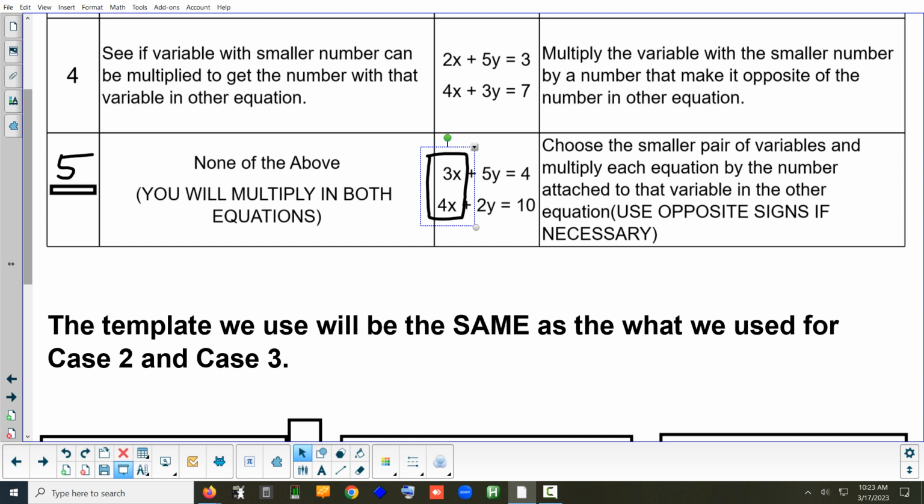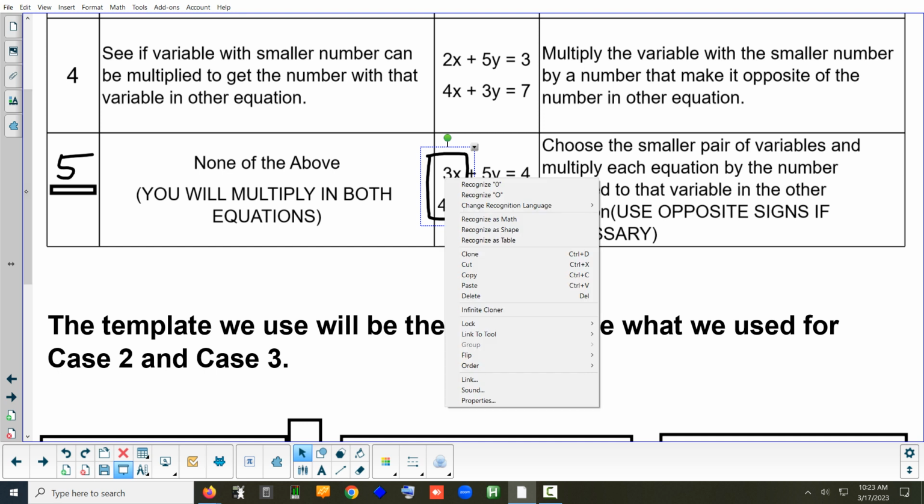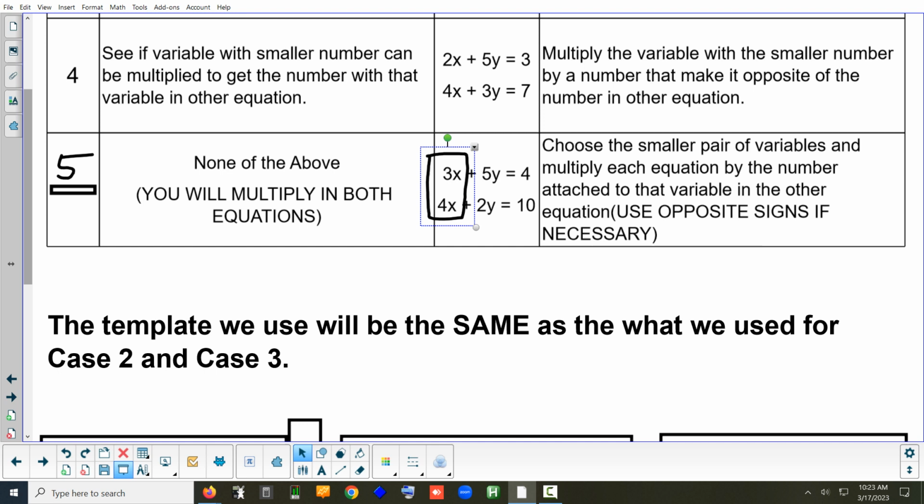So the bottom gets multiplied by the number in the top, and the top gets multiplied by the number in the bottom. You may have to use a negative, because remember the goal is to make them opposite signs. Okay, so we'll do one together, and then I'll let you guys try the last one on your own.